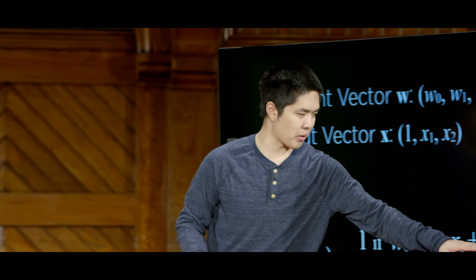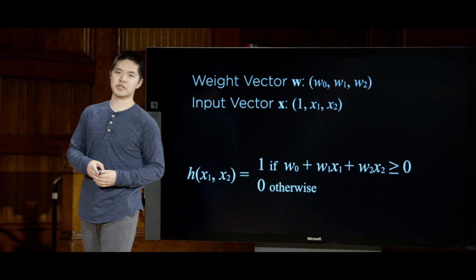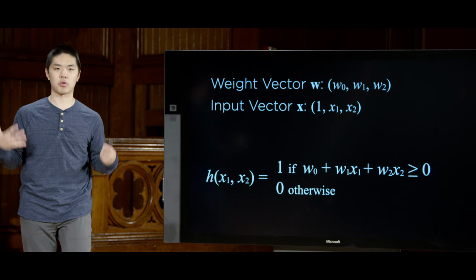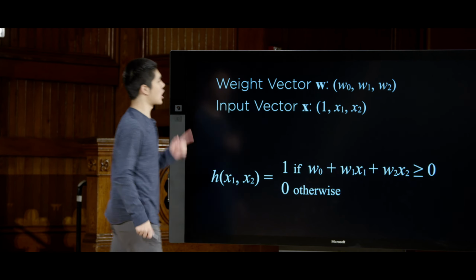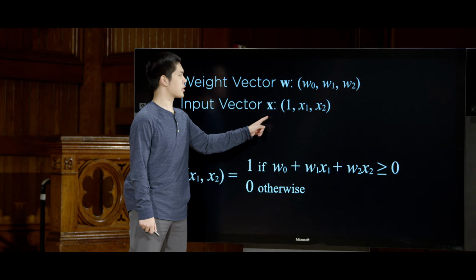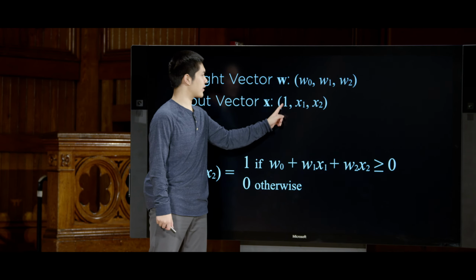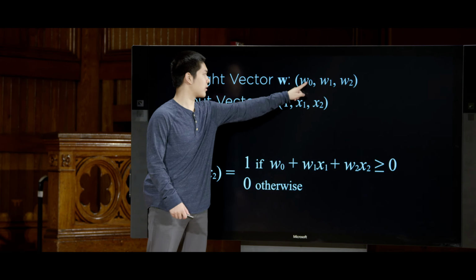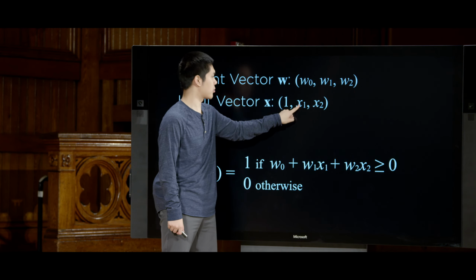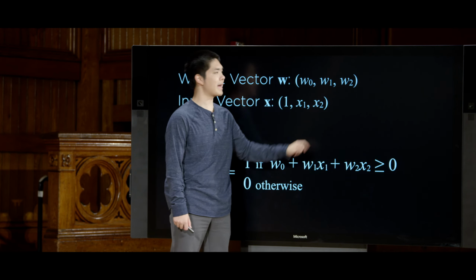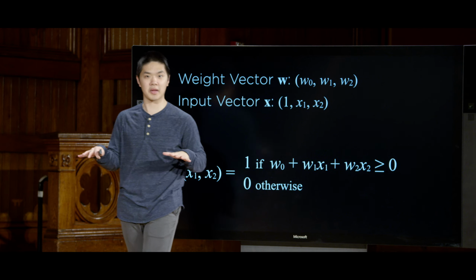And then to do the calculation, we want to calculate this expression here. It turns out that expression is what we would call the dot product of these 2 vectors. The dot product of 2 vectors just means taking each of the terms in the vectors and multiplying them together: w0 multiplied by 1, w1 multiplied by x1, w2 multiplied by x2. That's why these vectors need to be the same length.